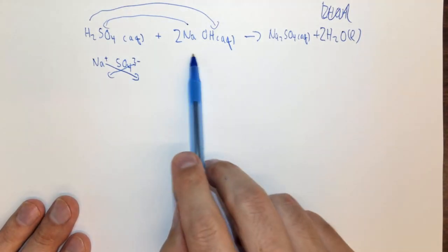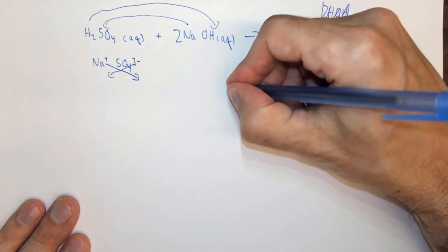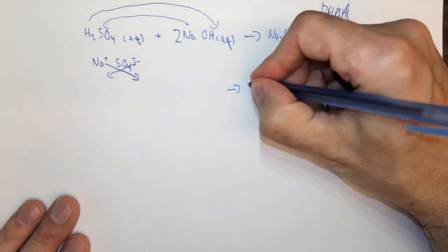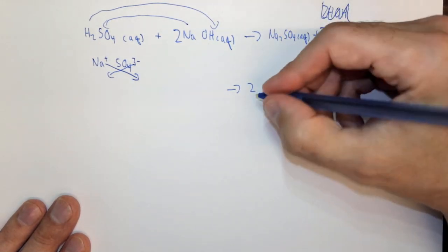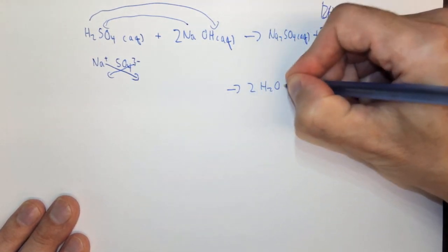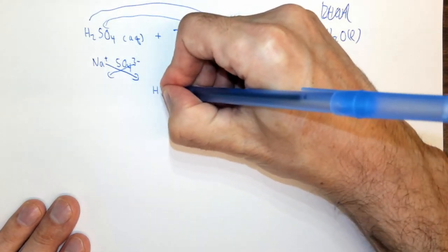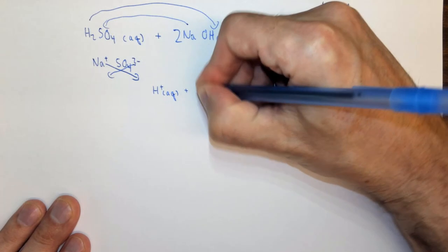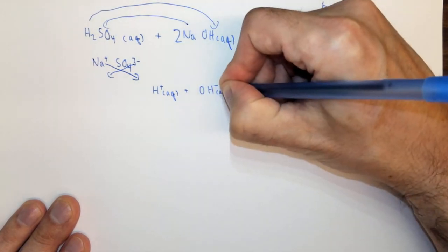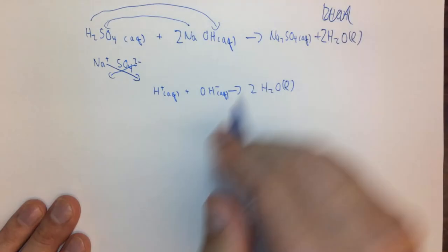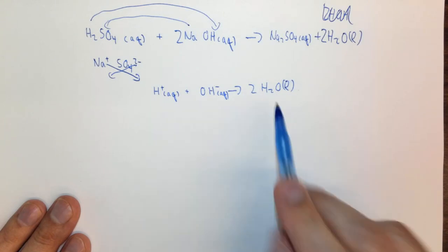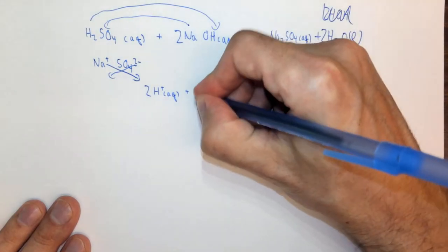What if we wanted to write the net ionic equation? Well, what are we going to form? We're going to form the thing that's not aqueous. So 2H2O liquid. Well, what do we need to do that? We need H plus aqueous plus OH minus aqueous, and in an acid-base reaction, H plus and OH minus form water, but in this case there's 2 of each.